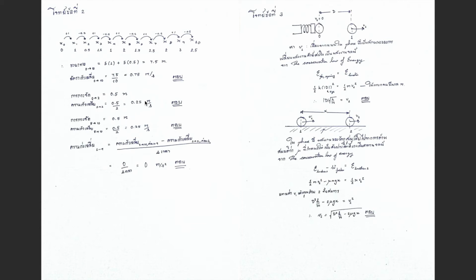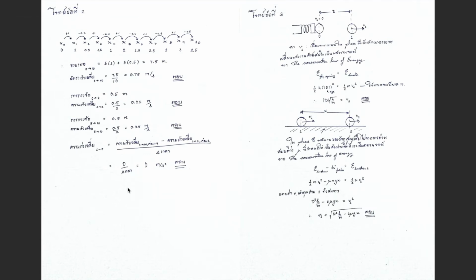As you can see from the previous solutions, they are equal. So it's 0 over delta time, and no matter what delta time is, the result will be 0. And I don't think that the delta time is 0. So the answer is 0.